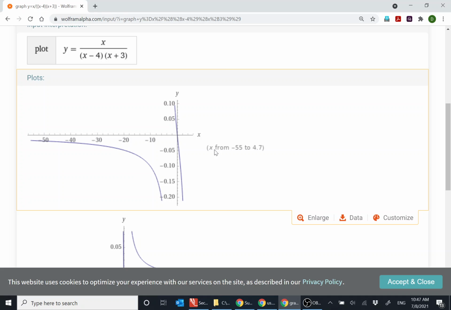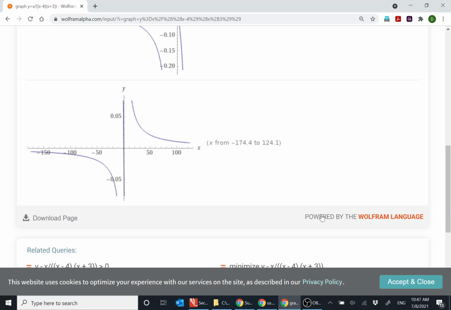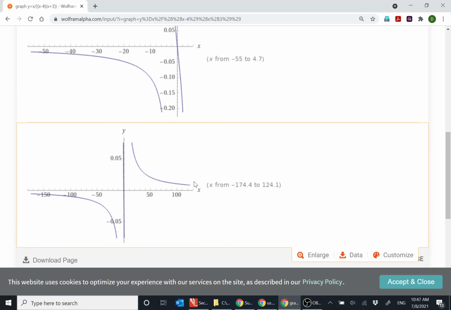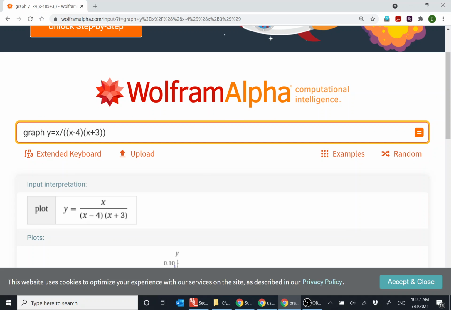That is a really... Can't they do a better... Let's see. It's going out to 150 and 100 on the x-axis.